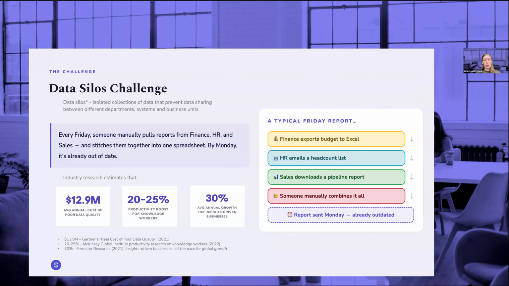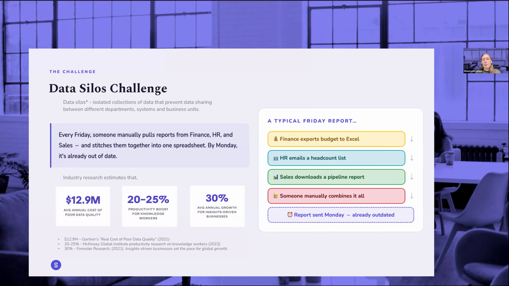So to begin with, before we talk about the solution, let's talk about the problem that the Smartsheet add-ons solve. One of the biggest challenges companies face today is a data silos challenge. And what are data silos? These are isolated collections of data that prevent sharing between different departments, systems, and business units.